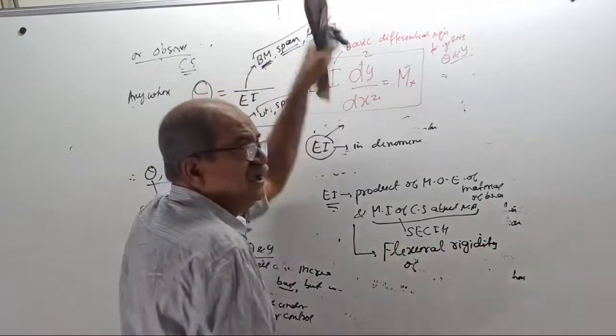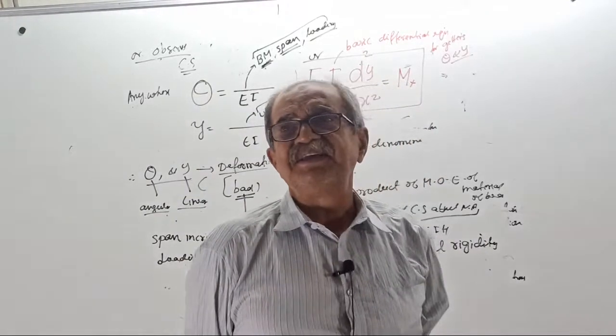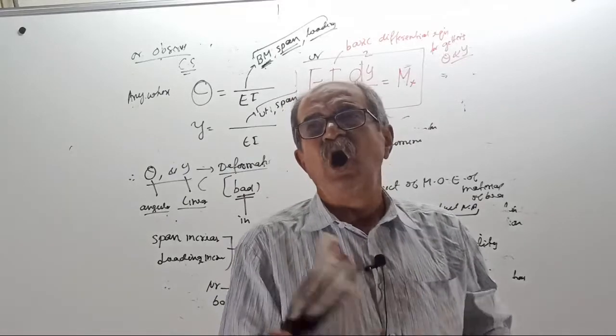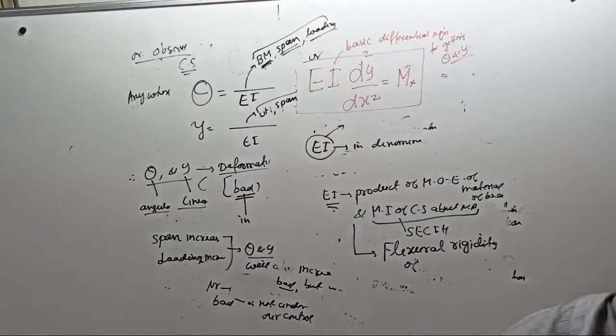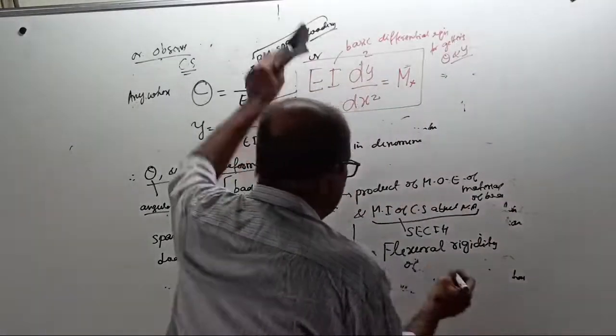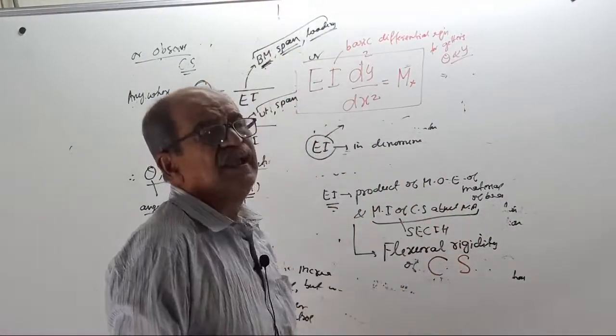Of what? 99% of people will say flexural rigidity of the beam. No, wrong. It is not depending upon length. So it is called flexural rigidity of what? Of the cross section. I told you this is a cross sectional property.